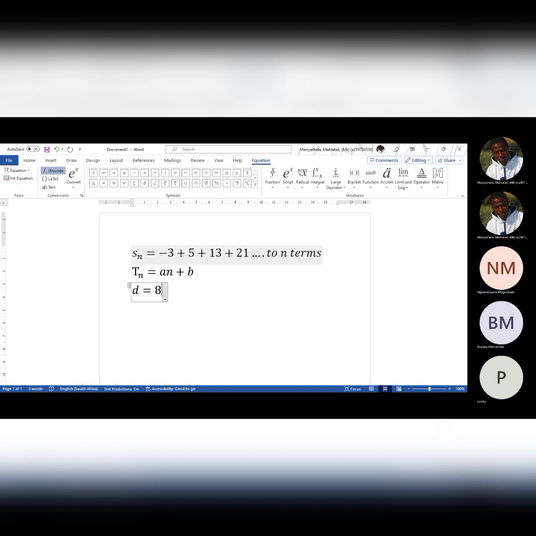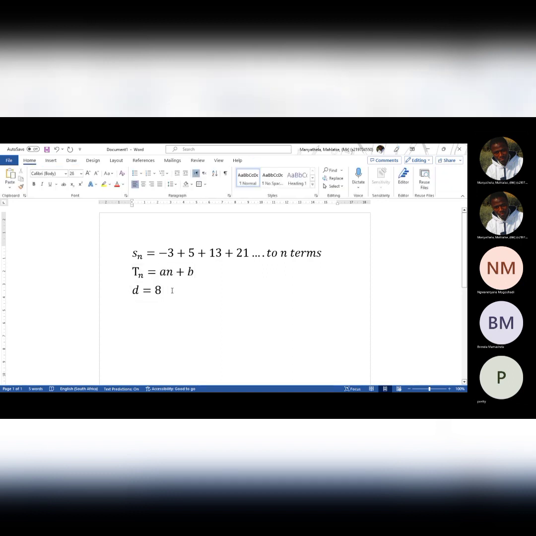Because even if you say 13 subtract 5, it's still 8. 5 subtract negative 3 will still give you 8. So you have a common difference, which is 8.